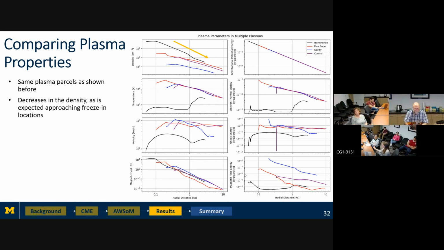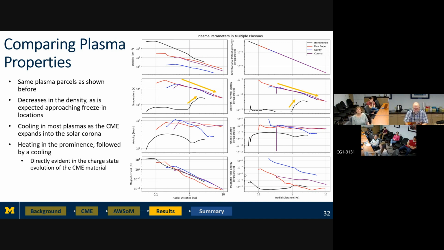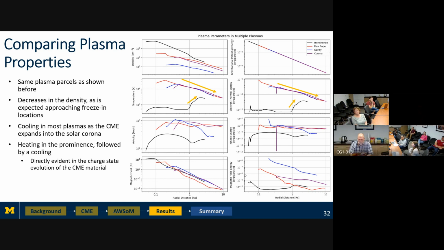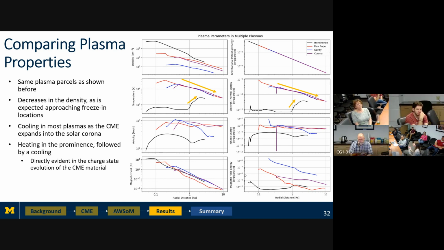And so we see that decrease in density as we expect as the CME continues to go out and we're approaching freeze-in locations. We also see as we're continuing to go out into the solar corona and expand, most of the plasmas, such as the flux rope, cavity, corona, are decreasing in temperature and in electron thermal energy, as is more or less expected for something expanding and adiabatically cooling.